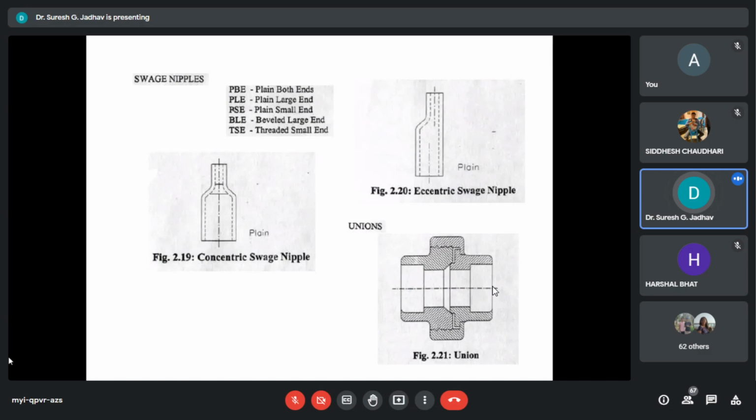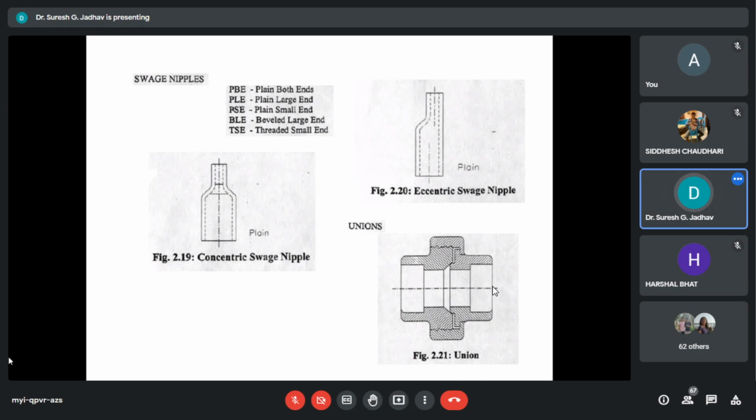Then we can use unions as an alternative to flanges. Unions can be threaded ends or with socket weld ends.